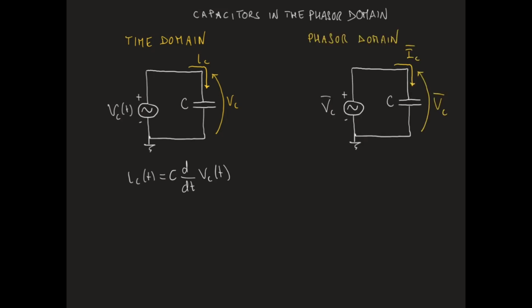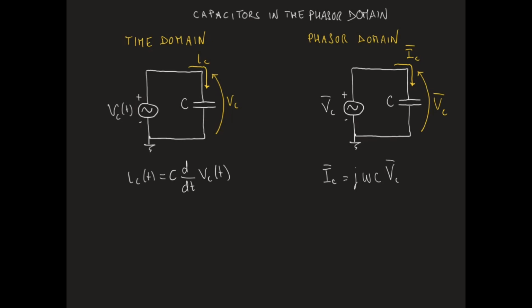In the phasor domain, the current flowing through a capacitor is obtained by multiplying the voltage across the capacitor by j omega C. So, as anticipated, the differential relationship in the time domain has been replaced by an algebraic one in the phasor domain.